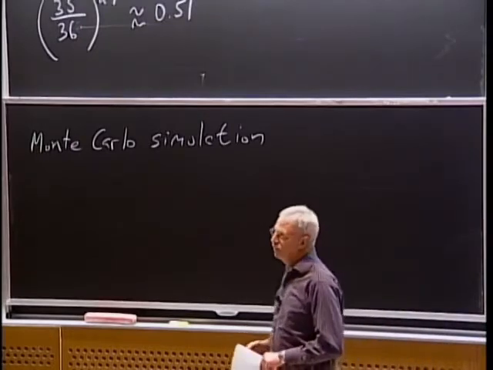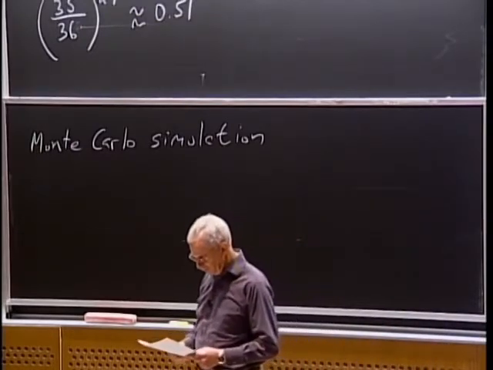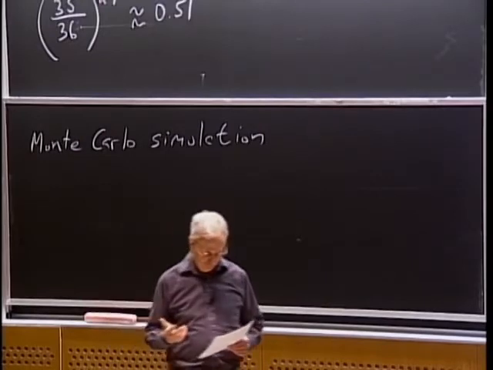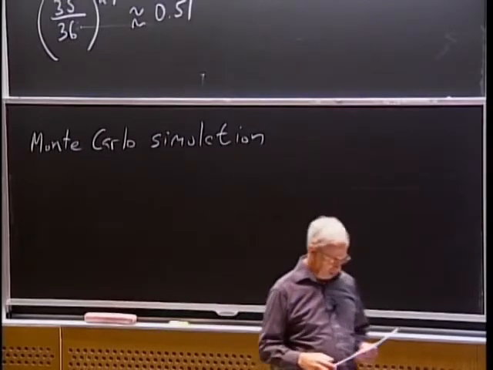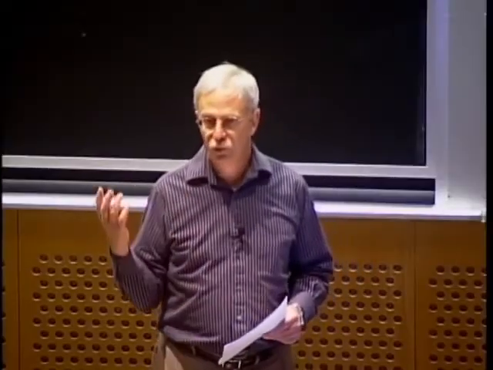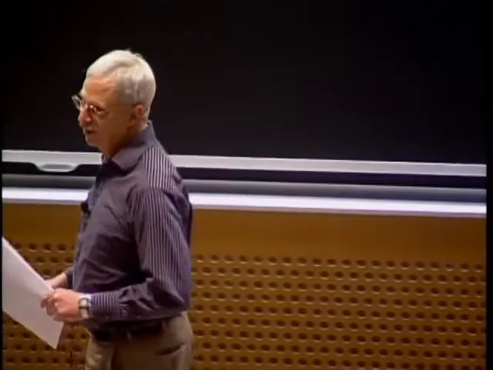The term was coined in 1949 by Stanislaw Ulam and Nicholas Metropolis, two very well-known mathematicians. Ulam, who later became famous for designing the hydrogen bomb with Teller, invented the method in 1946.